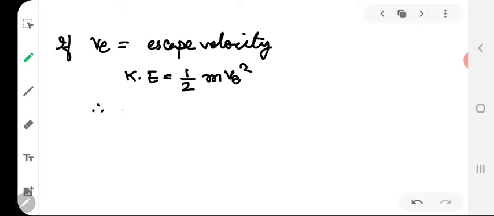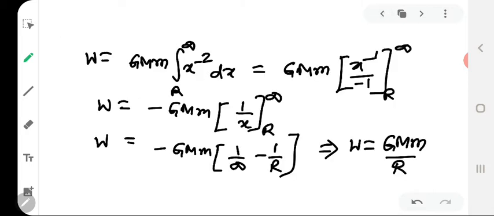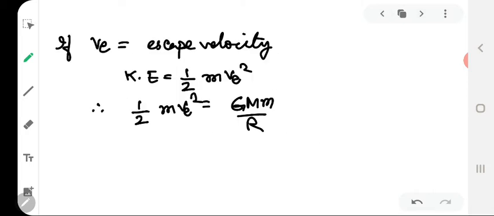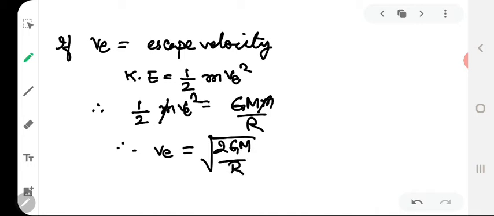Therefore, half m v square should be equal to the work done, that is GMm by r, that we have obtained right now. So therefore, on solving, we get VE to be equal to root over 2GM by r.